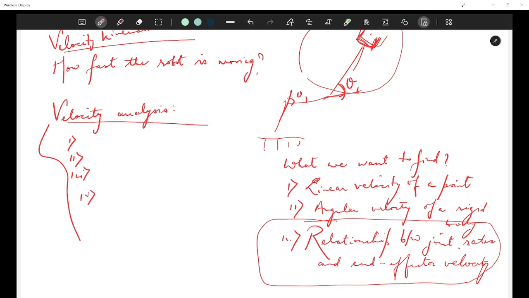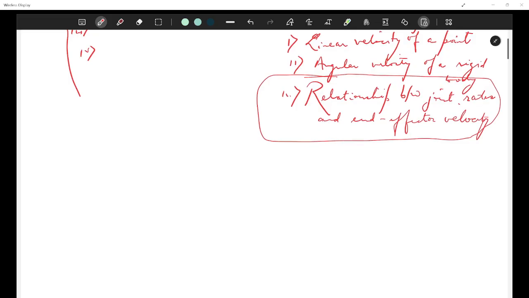But just for now, for all of these things, this velocity analysis becomes essential. Okay, so let's start from linear velocity of a rigid body.